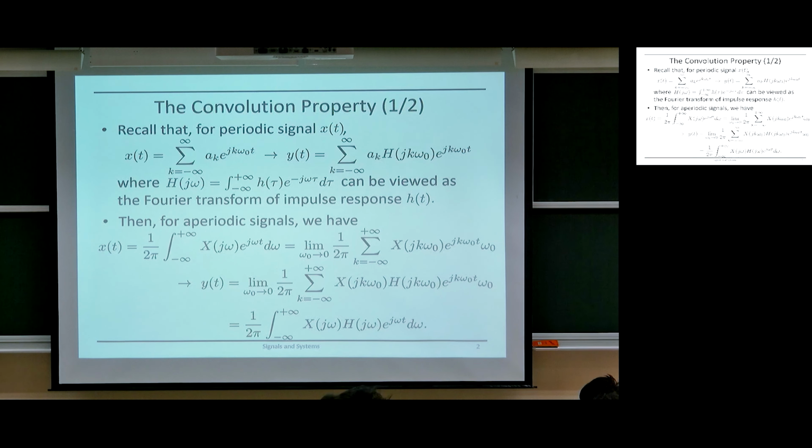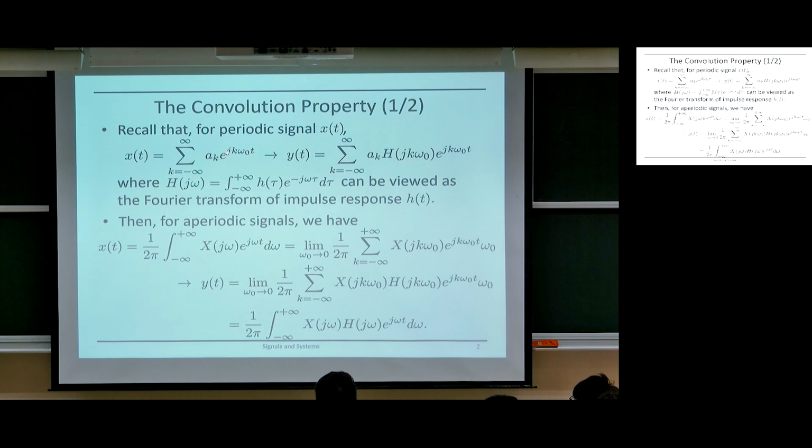Now, if we recall our study on the periodic signal x of t, remember that for a periodic signal, we can always write it in terms of its Fourier series representation, which is basically a linear combination of these complex exponentials. Okay?